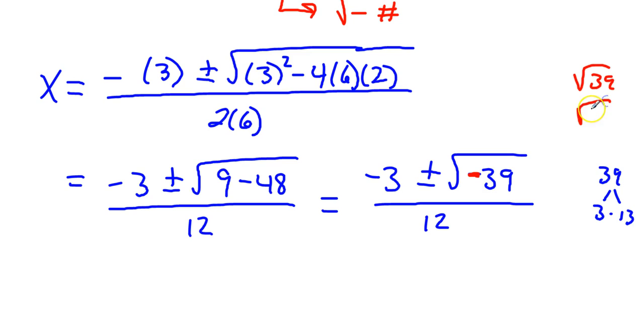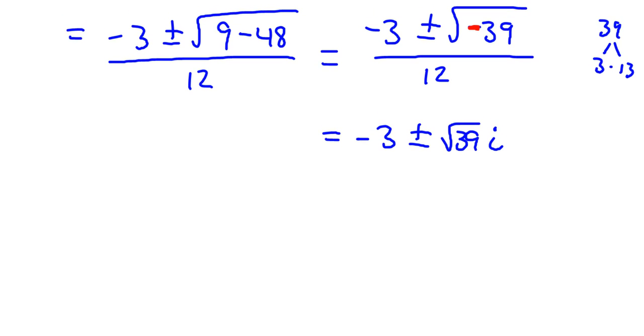But when you put the negative in, you have to take that answer and just put an i variable out front or behind it, wherever you want to put it, just to let you know that you have it. So if it's the square root of negative 39, it'll be negative 3 plus or minus the square root of 39, and then put your i variable behind it. Make sure, again, it's outside the square root, and that's over 12.